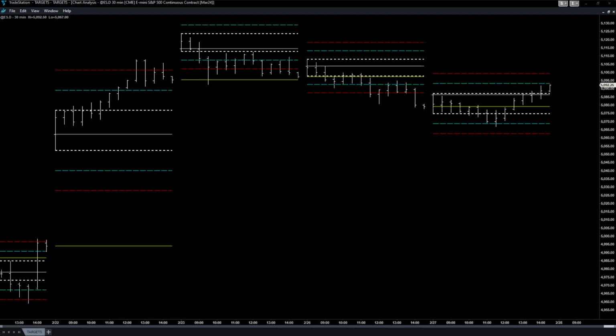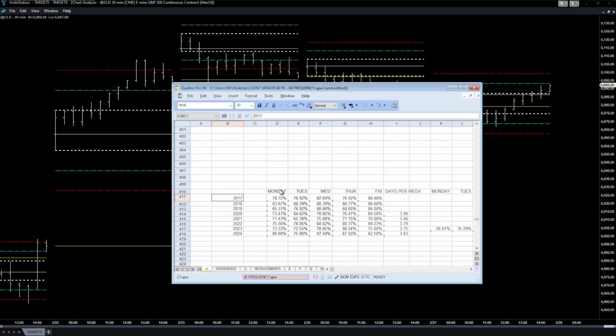So I'm going to show you a little chart here that's going to answer that question for us. We've been running this since 2017. And what this tells us is that on any day of the week, the probability that the first standard deviation level will be reached is over 70%.